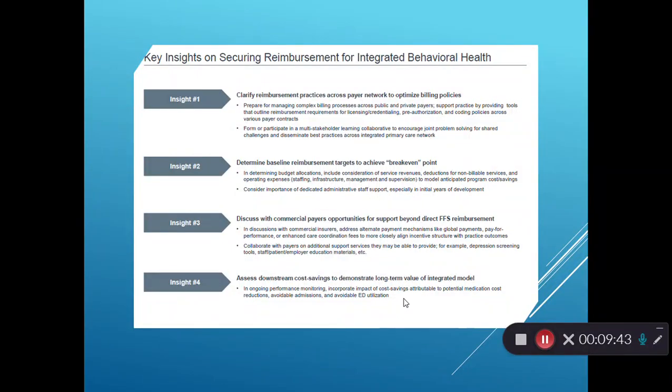Insight number 3, you've got commercial payer opportunities for support beyond regular reimbursement. So these might be different things. I don't know if you've had the opportunity, but there's a lot of facilities now where you pay a fee monthly, and you can come and see the doctor at any point.